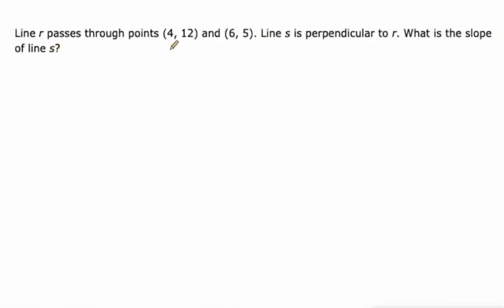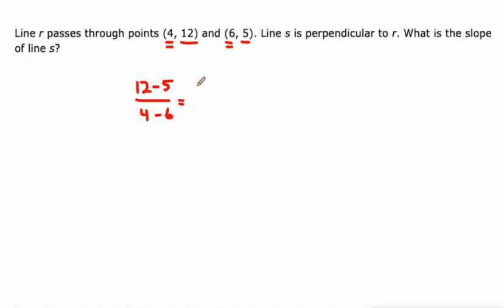Line R passes through the points (4, 12) and (6, 5). Line S is perpendicular to line R. What's the slope of line S? Okay, well, let's first find out the slope of line R. All right, let's do 12 minus 5. That would give us the change in y. Then we'll do 4 minus 6.